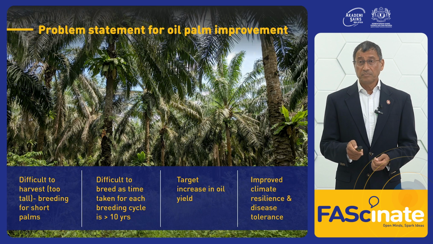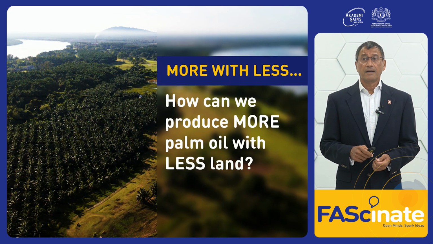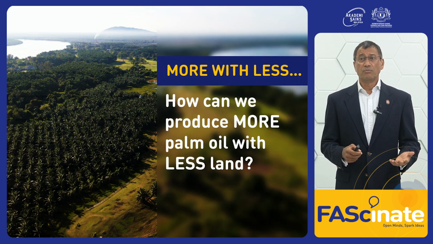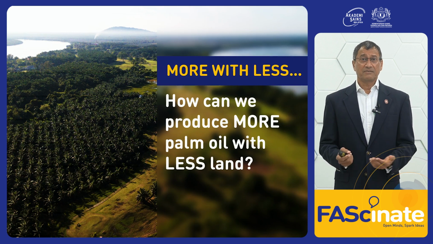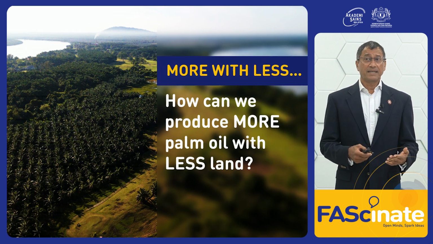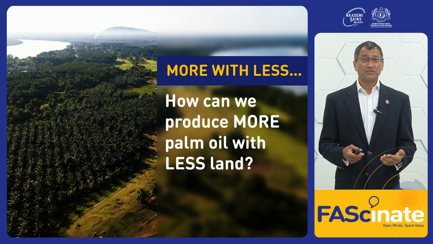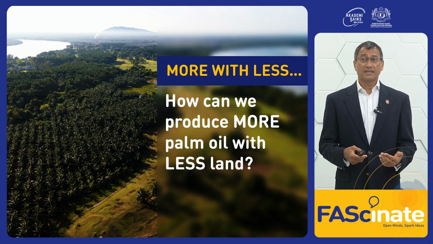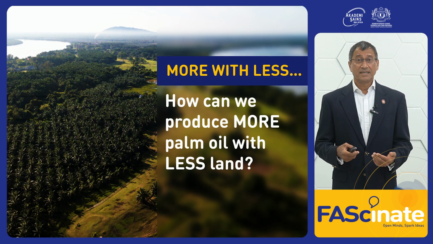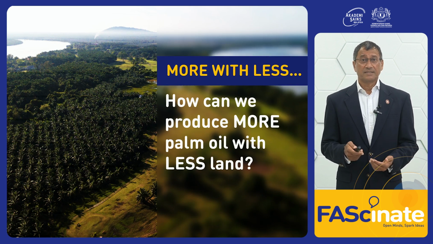So the question would be, are we able to produce more from less, or from the same piece of land? I hope that in this talk, I'll be able to convince you that it can be done by using the right kind of technology and the right approaches.